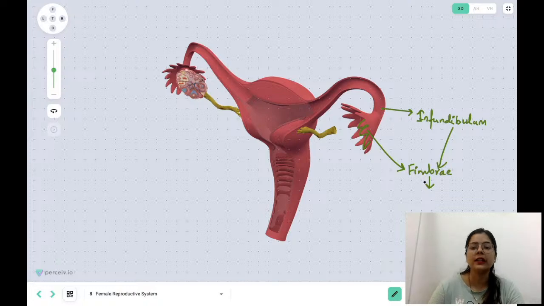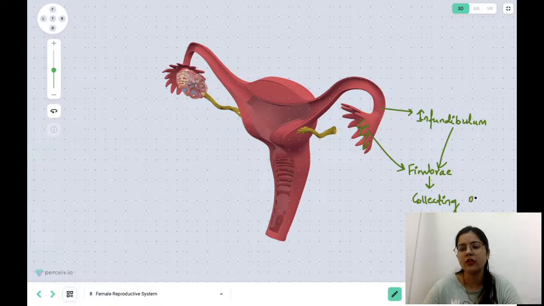They are primarily meant for collecting the ovum during the ovulation process. So their function is to collect ovum after ovulation. Ovulation is basically the release of the ovum from the ovary.